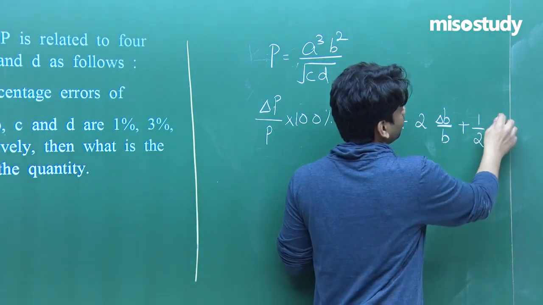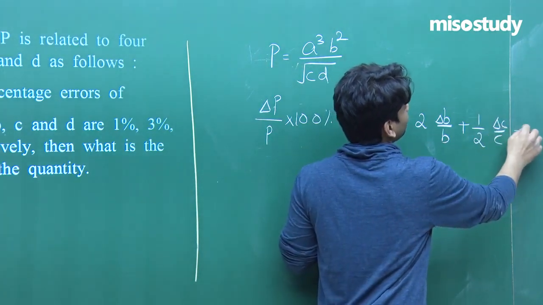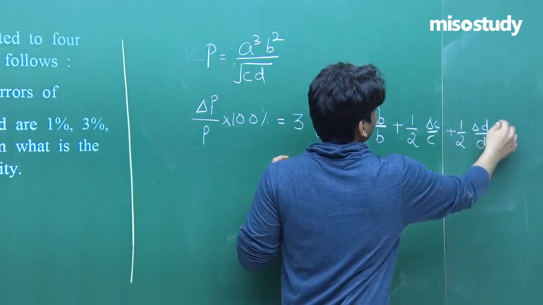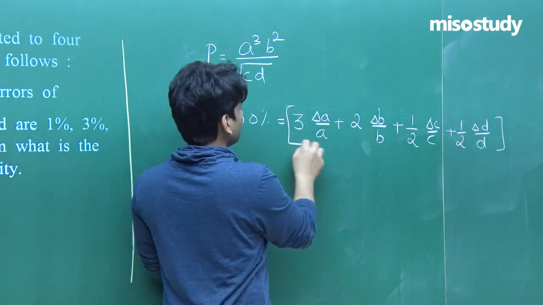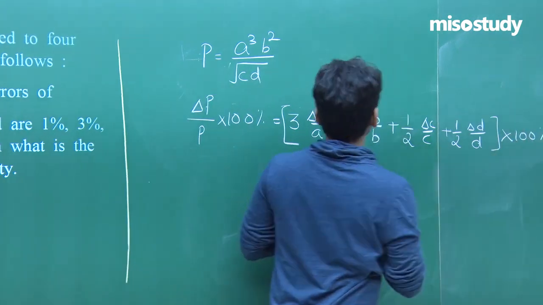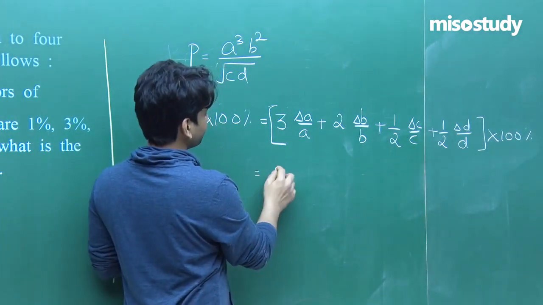It will be 1 by 2 delta C by C plus 1 by 2 delta D by D. This is how we have to use it. Let's enclose this into 100%. Let's go ahead with the calculation.